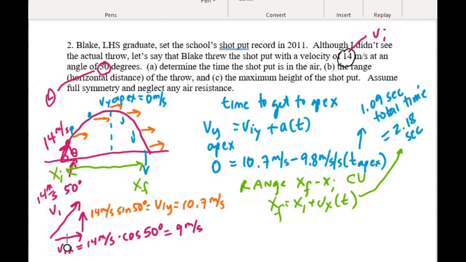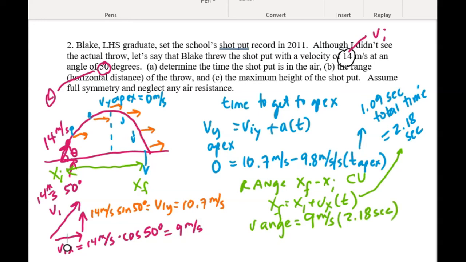Well, xf minus xi, if we put the xi on the other side, that'll be our horizontal displacement or our range. So really we're saying then the range is this Vx, that's going to be our 9 meters per second. Remember, that's our initial velocity in the x direction, and that vector doesn't change. And then we'll take that times our 2.18 seconds.